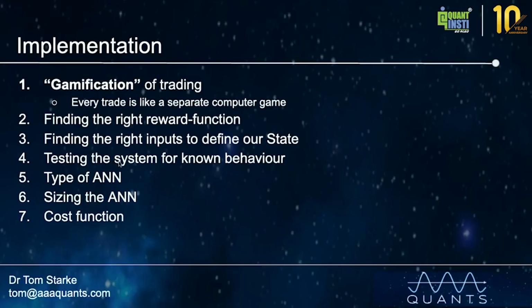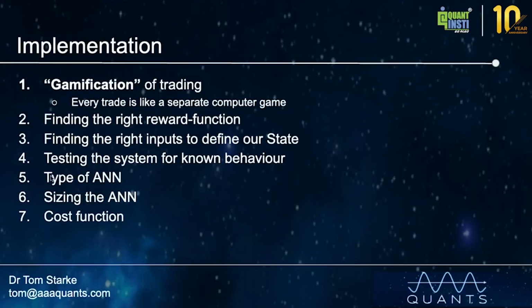Okay, and then once we have built a system, we need to test the system for known behavior. For example, before we apply the system to market data, we first want to test it with other things such as sine waves, random price data, or just random functions, in order to test whether our system actually behaves the way it's supposed to behave given the known inputs.